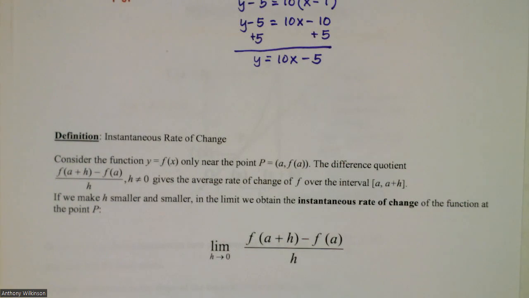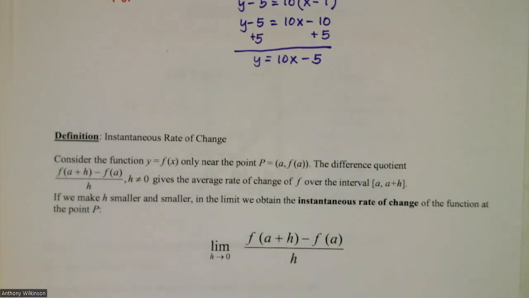The difference quotient, which is f of a plus h minus f of a, all divided by h, where h is not equal to 0, gives us the average rate of change of f over the interval a comma a plus h. Now, if we make h smaller and smaller, in the limit, we obtain the instantaneous rate of change of the function at the point P.